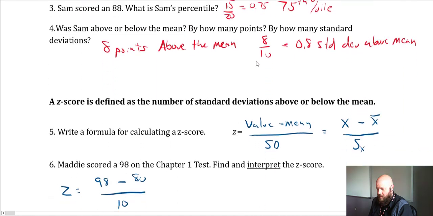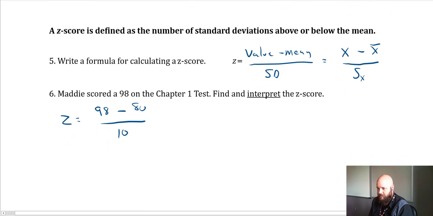So I'm just going off the data that was already given to us. That simply gives us 18 divided by 10, so 1.8 standard deviations above the mean.